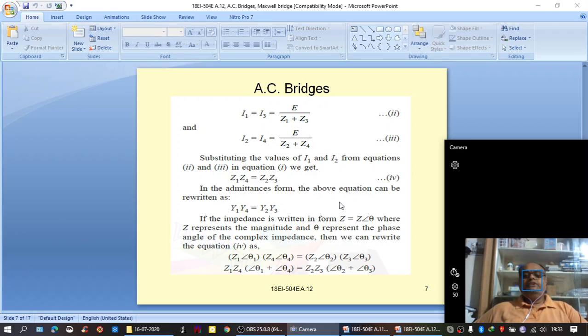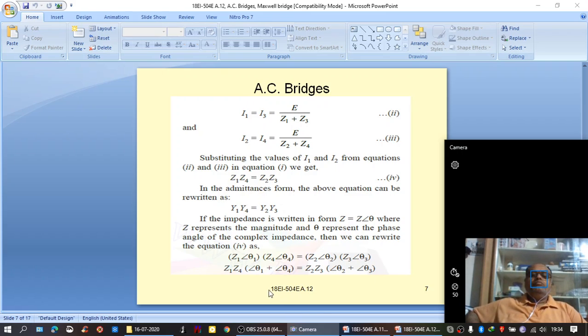If the impedance is written in the form of Z equal to magnitude of Z at an angle of theta, where Z represents the magnitude and theta represents the phase angle of the complex impedance, then we can rewrite the equation for bridge balance as modulus of Z1 at an angle theta 1 multiplied with modulus of Z4 at an angle theta 4 is equal to modulus of Z2 at an angle theta 2 multiplied with modulus of Z3 at an angle theta 3.